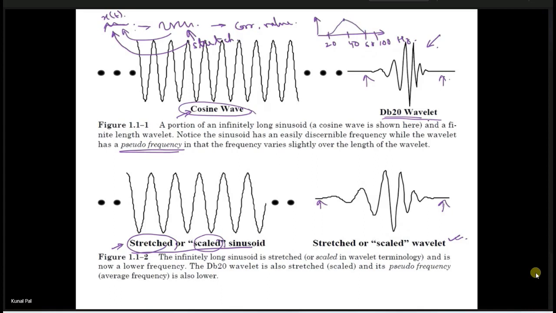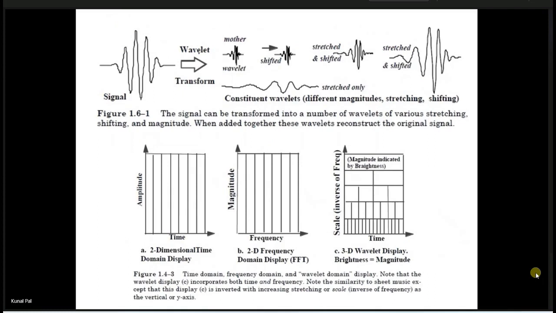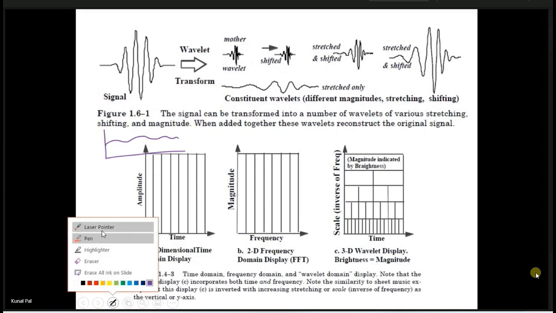The same thing happens in the wavelet also. We use these wavelets to do this. So we have the signal, we get the wavelet transform, so we get the mother wavelet. For a particular signal, if you see, the wavelets are time limited.